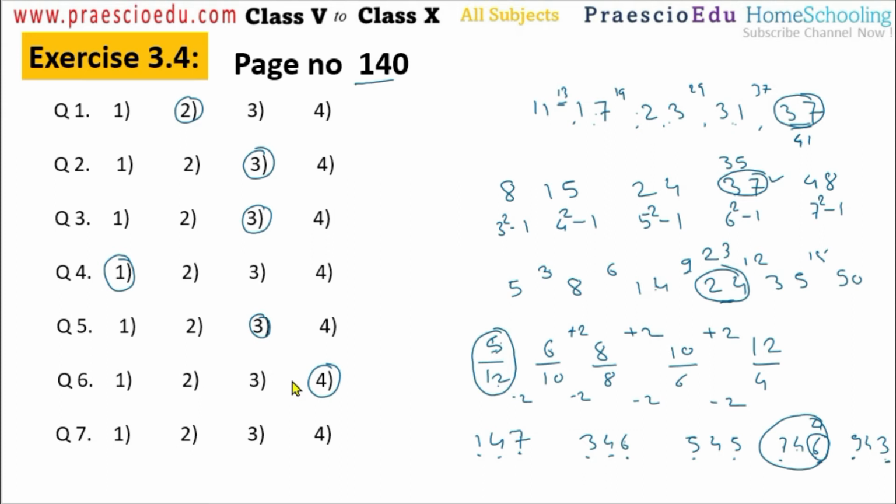Now question number 7, I'm just writing here. So 2, then 14, then 34, then 79, then 98, and 142. So here 2 square minus 2 gives 2. Like this one, 4 square 16 minus 2, 14 comes. Here 6 square minus 2 means 34.